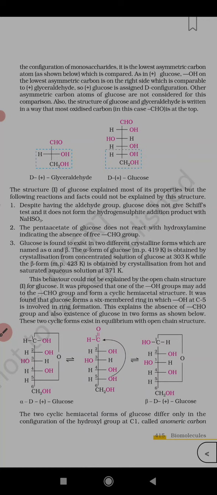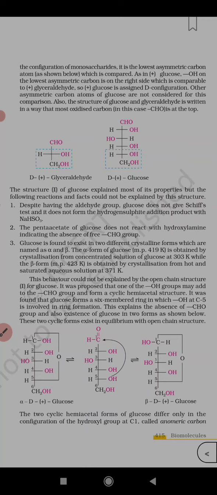One is called the alpha form and the other is the beta form. The two cyclic forms exist in equilibrium with the open chain structure. From the fifth carbon, the OH group is involved in ring formation. The OH group may add to the CHO group. So the lone pair on the OH is donated to the carbon, and the carbon forms a C-OH-H, with the oxygen in the ring.